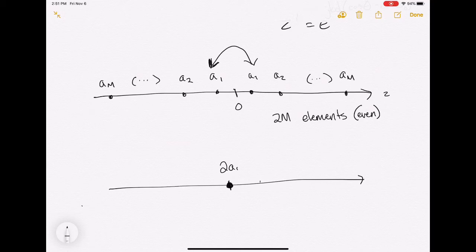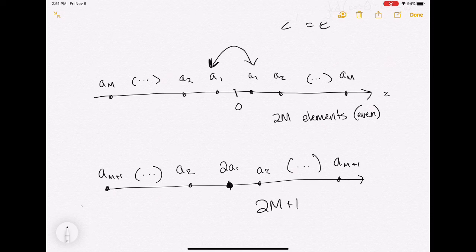And then you number it all the way up through M plus 1. And then your total number of elements works out to be 2M plus 1 for an odd number of elements in the array.